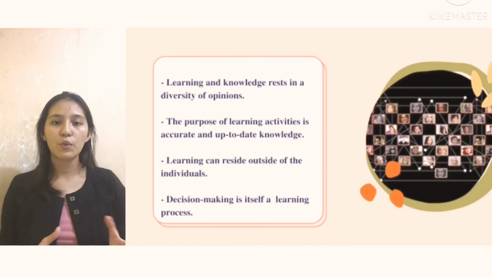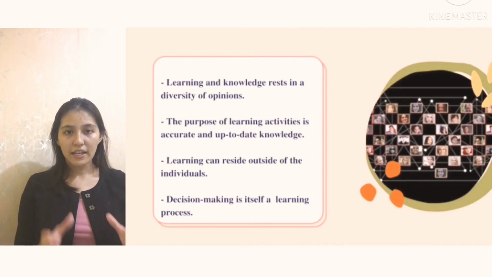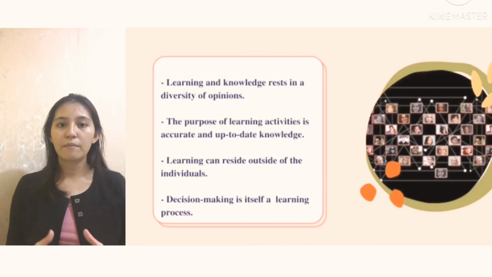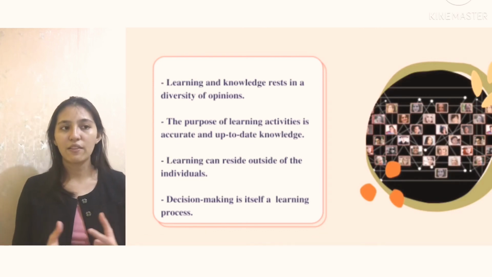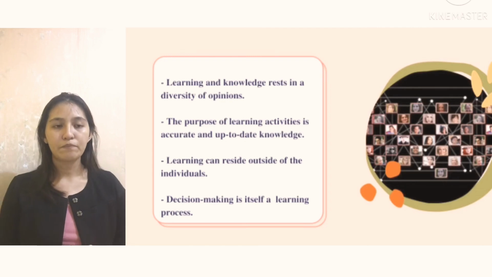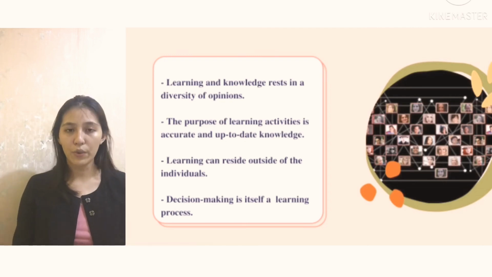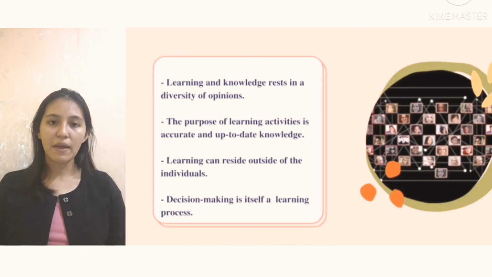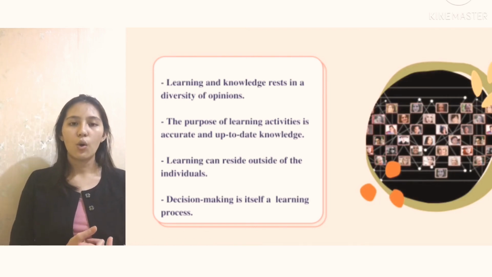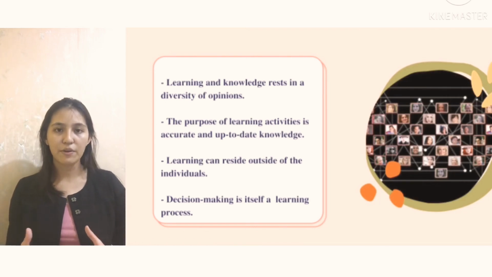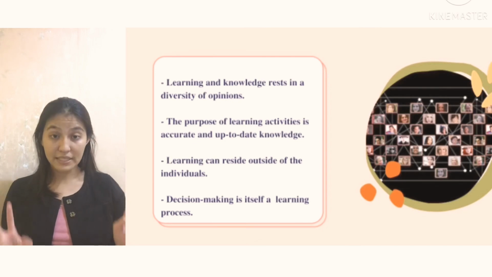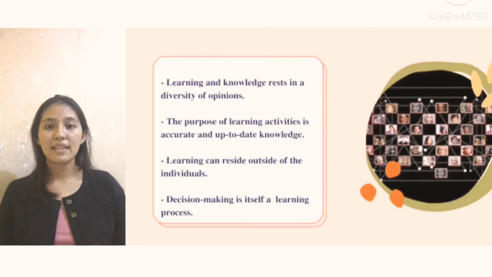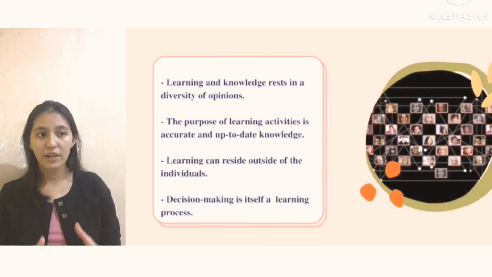The next principle is that learning can reside outside of the individual. It means that we do not only learn in the classroom, but beyond it, such as by using social media, or by learning from a database, an organization, a community, and other non-human appliances. And the last principle is that decision making is itself a learning process.